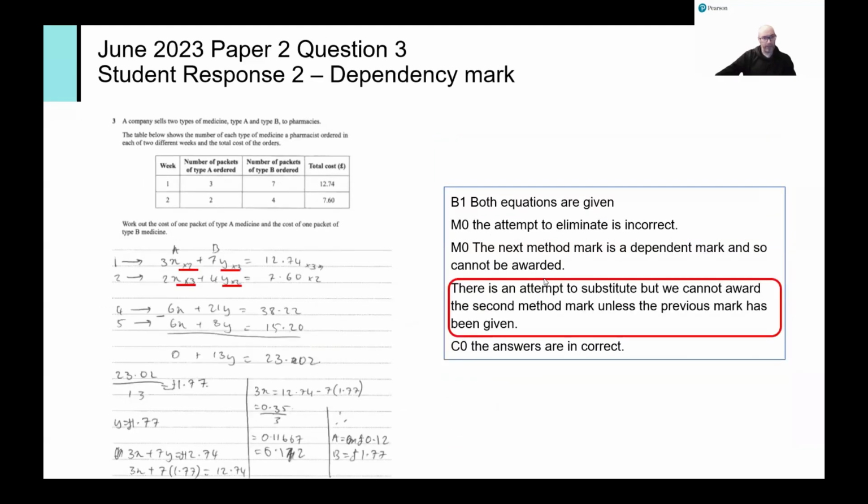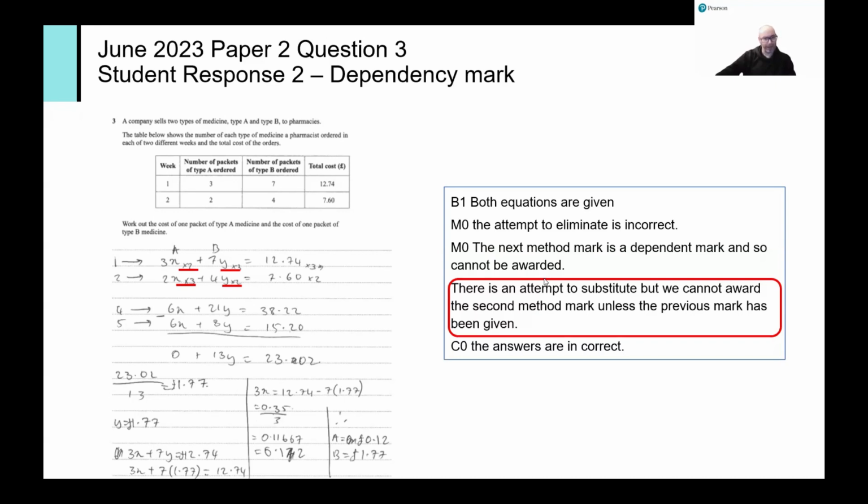Here's another response. We can see here that they've written equations. However, they've made an incorrect attempt to eliminate. For some reason, they've decided to multiply the first coefficient by 2 and the second one by 3. So rather than multiplying the whole equation by an amount, they've muddled up their multiplications here.